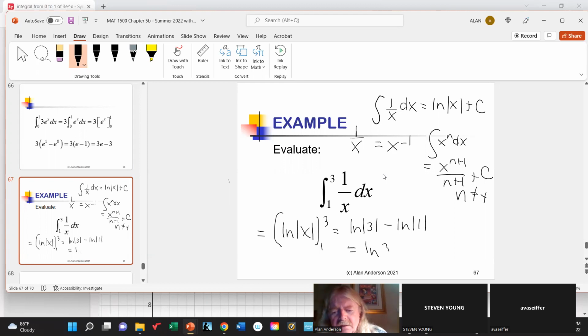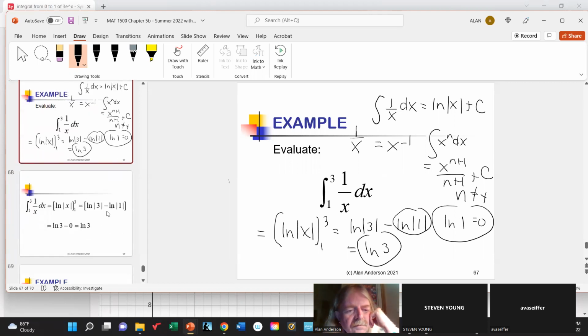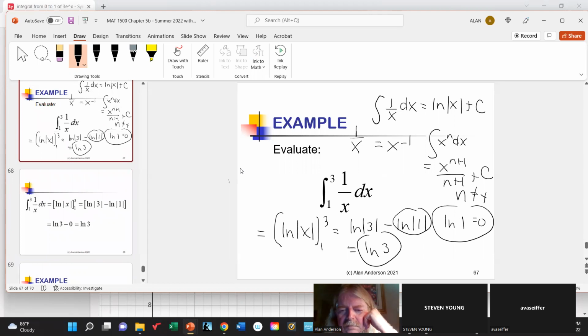And also don't forget, no matter what the base is, the log of 1 is always 0. Okay, so we end up with just log 3. All right, what the heck?